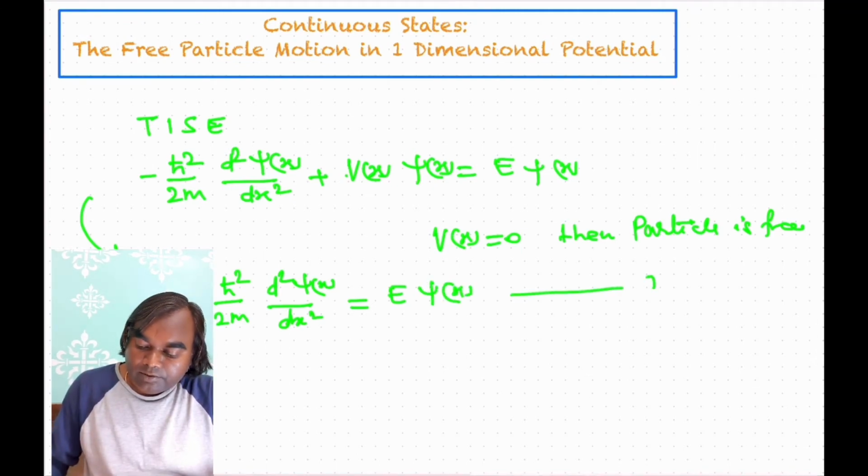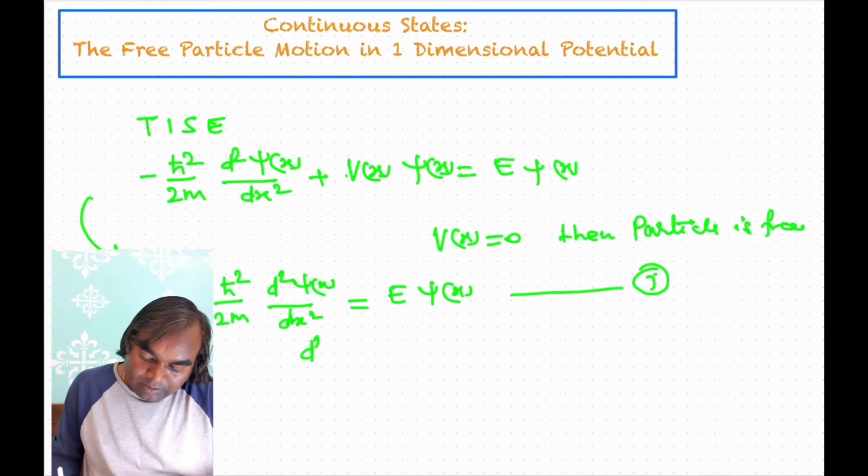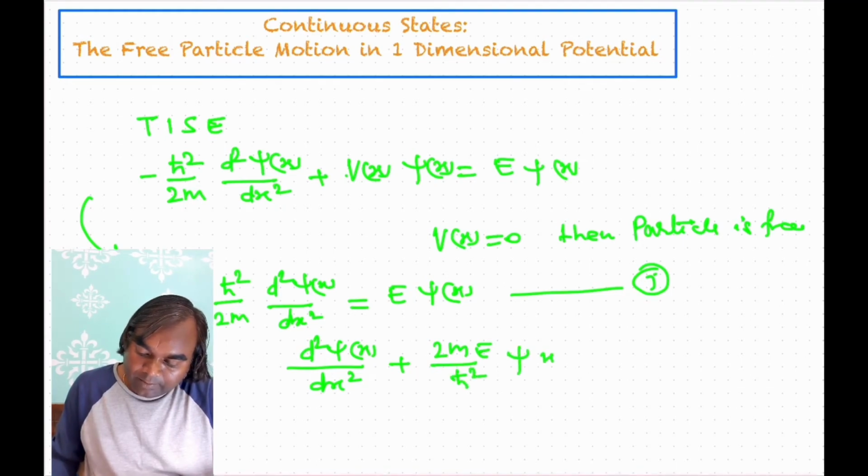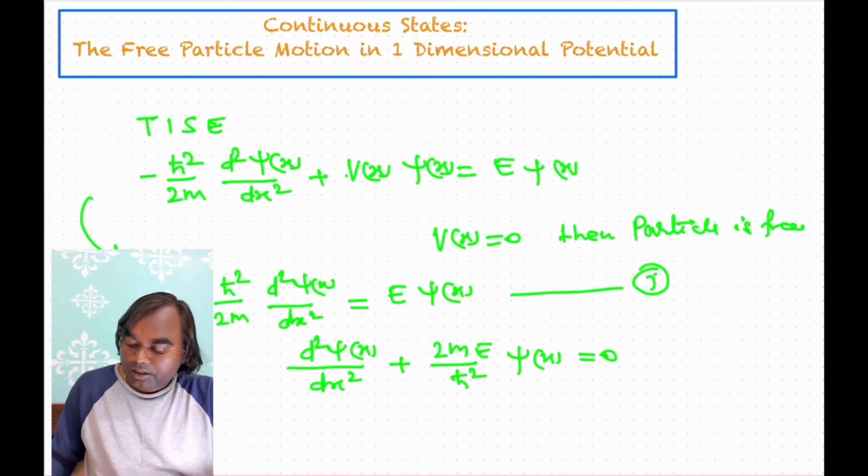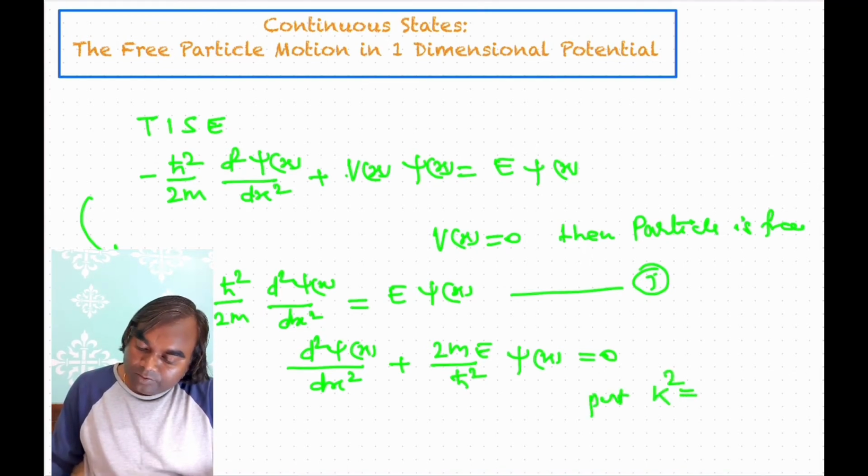This is equation number 1. Now this can be further written as d²ψ(x)/dx² + (2mE/ħ²)ψ(x) = 0. Now put k² = 2mE/ħ².